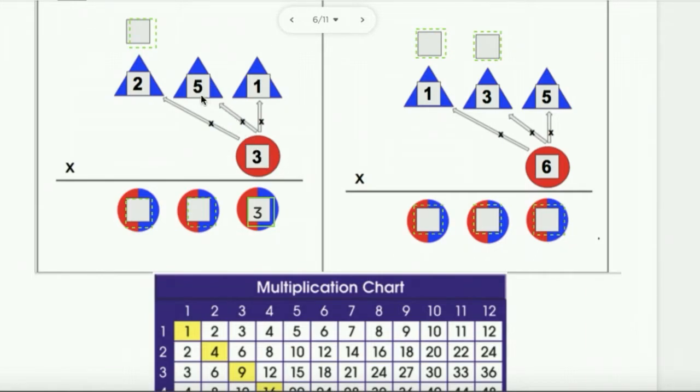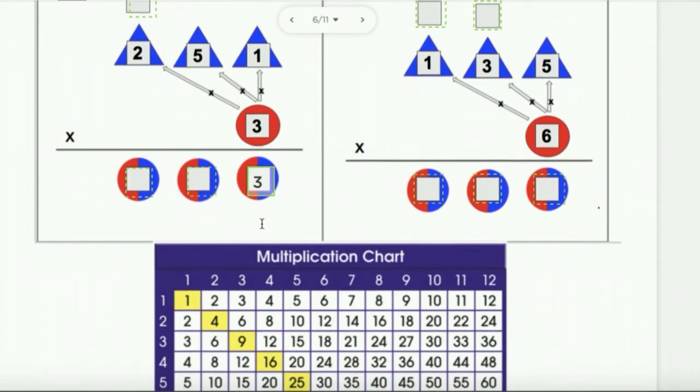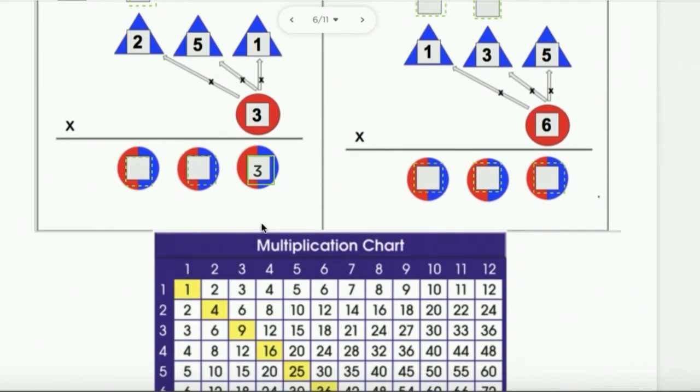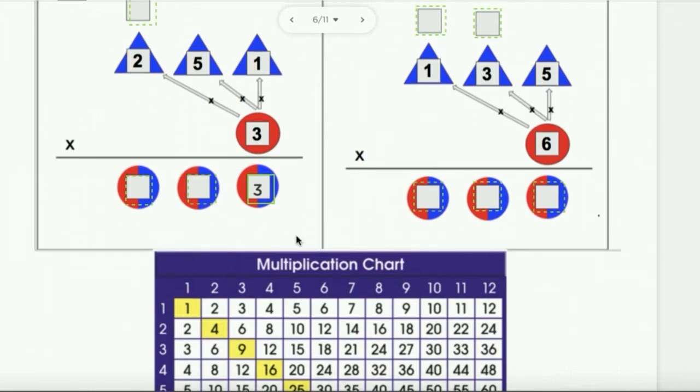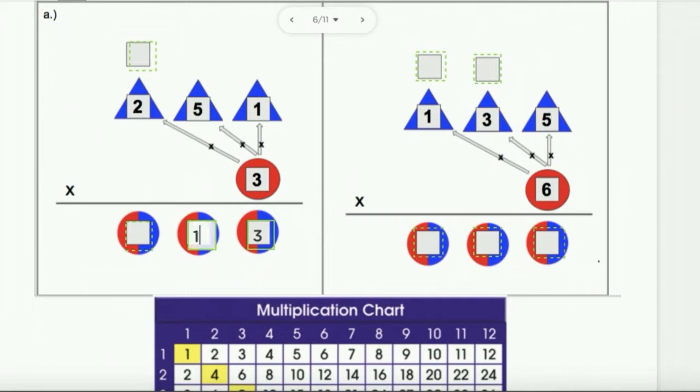What's 3 times 5? I'll scroll down so you have time to look at your multiplication chart. Remember, you're going to go to your purple side, and then you're just going to go down 5 spaces until you get to your number. What's my product? Good, 15. Can I do that? Does that look right to y'all?